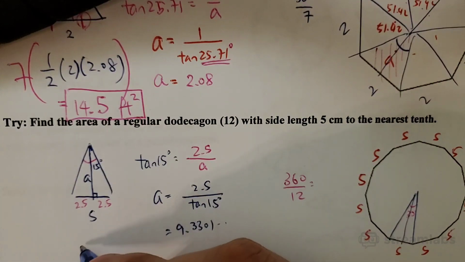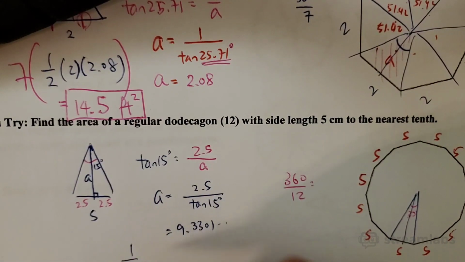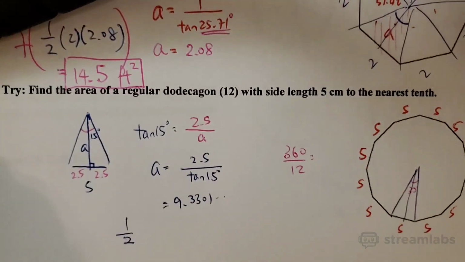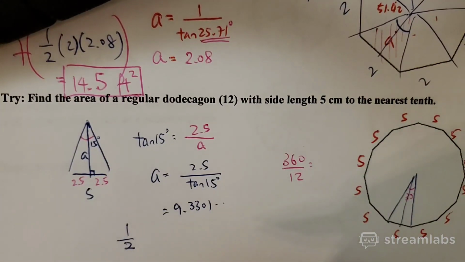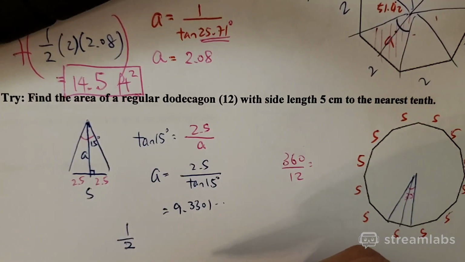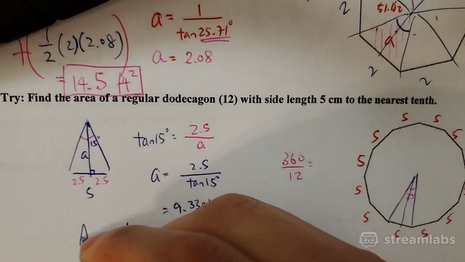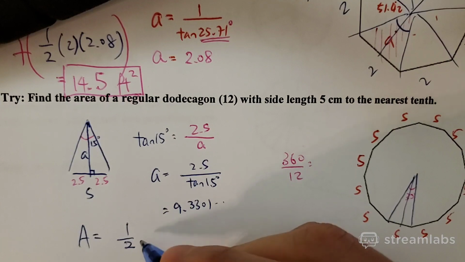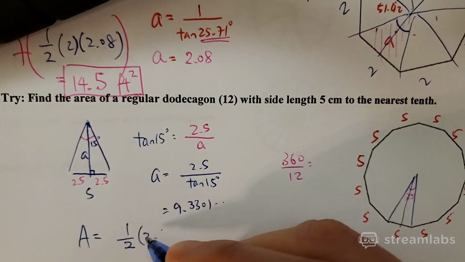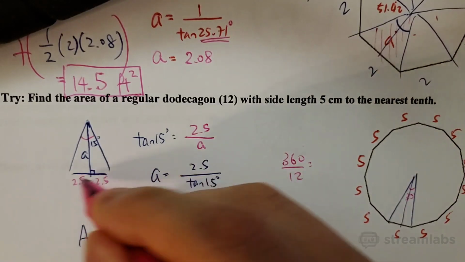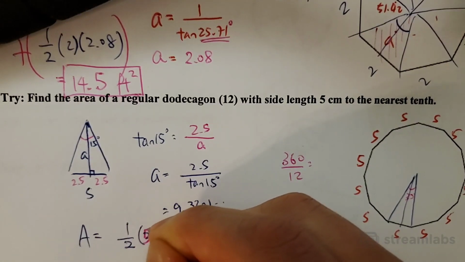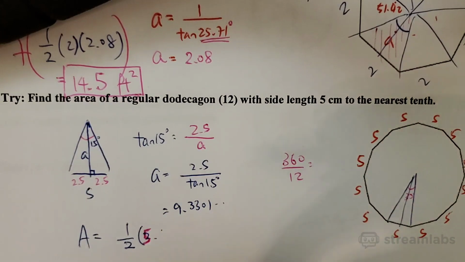Okay, so the area should be 1/2. Keon, it's probably because you need to change your calculator mode to degrees instead of radian. So area should be 1/2 base, not 2.5. Base is 5, right? This is base 5.